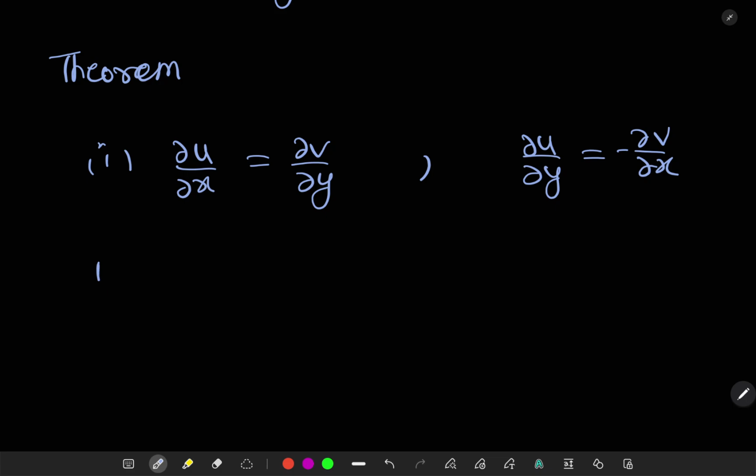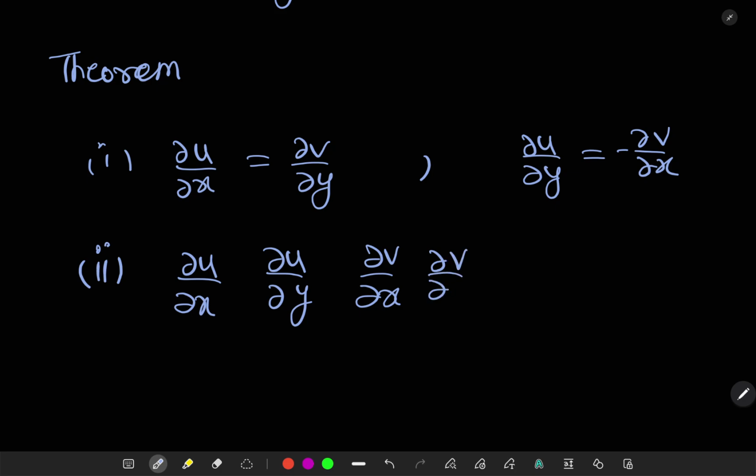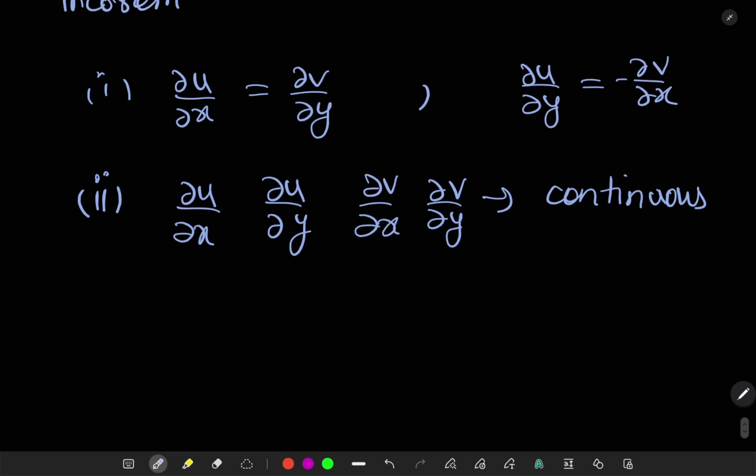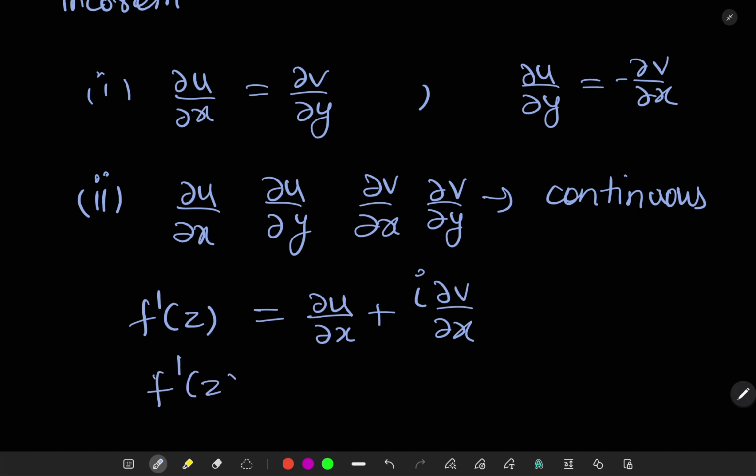These are the required conditions for this theorem, and also del u over del x, del u over del y, del v over del x, del v over del y are continuous functions of x and y in a region R. So f dash z equals del u over del x plus iota del v over del x, and f dash z equals del v over del y minus iota del u over del y.